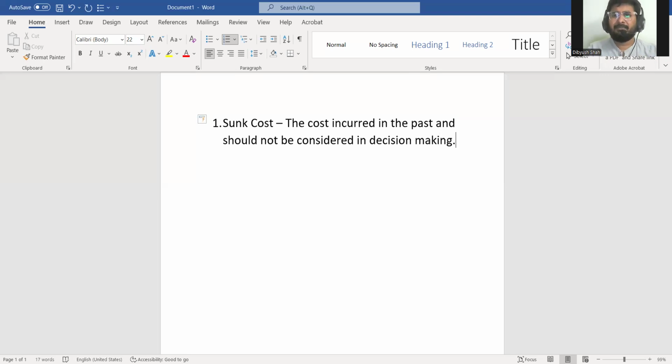See, in a layman's language, sunk cost is that cost which was incurred in the past, and no matter what decision you take today, the results of that will not be affected. Understand this from an example's point of view.